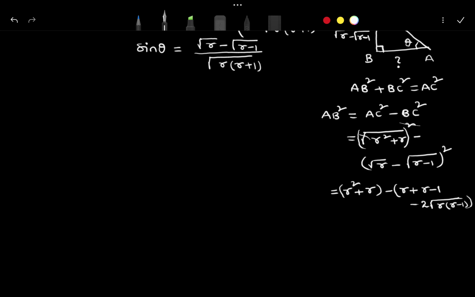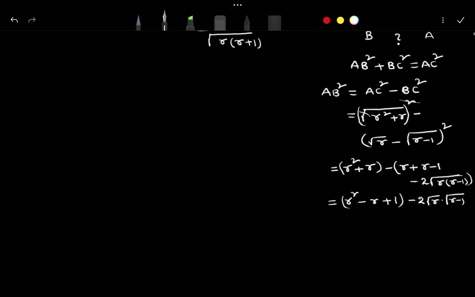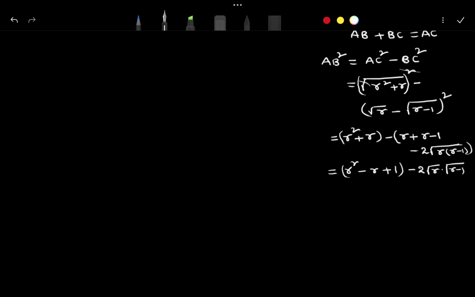So now you can write r square plus r minus 2r plus 1, minus 2 into root r into root of r minus 1.